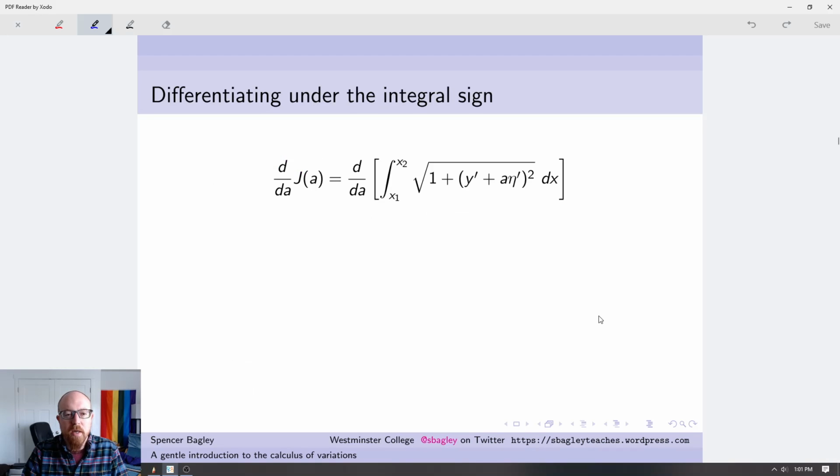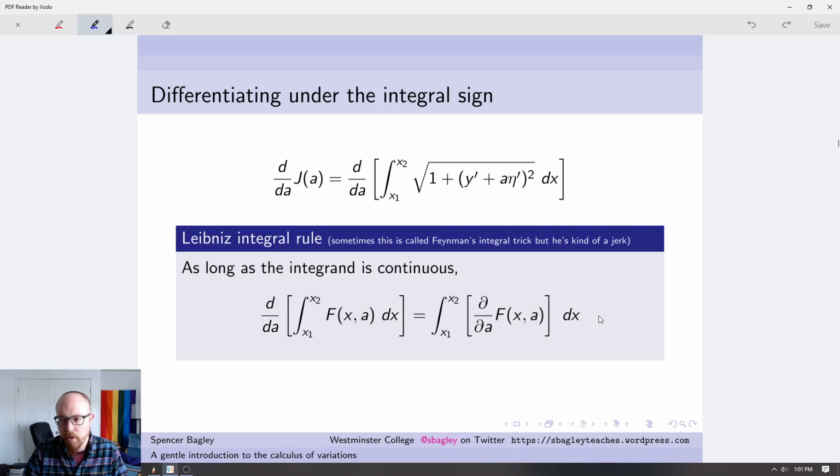Okay, well, that's going to involve differentiating an integral, for which we're going to need to use a fun trick called differentiating under the integral sign, or the Leibniz integral rule. Sometimes it's called the Feynman integral trick, but honestly he's kind of a jerk, and so I don't want to stick his name on it.